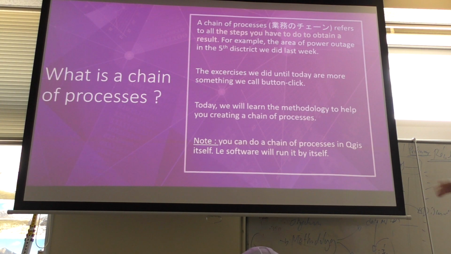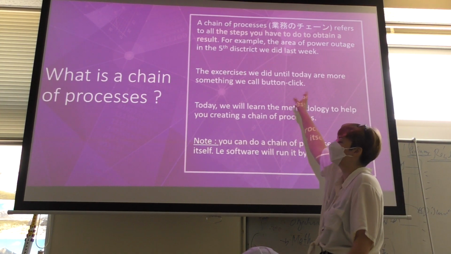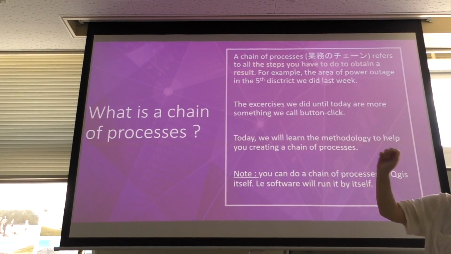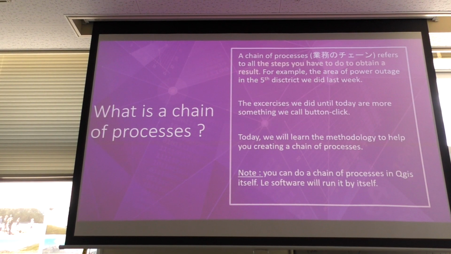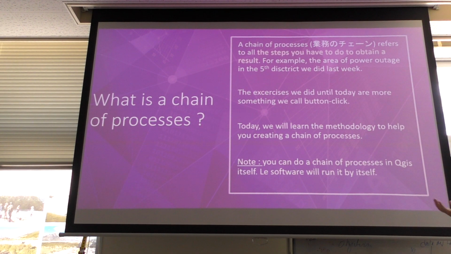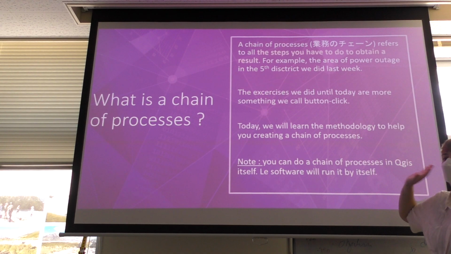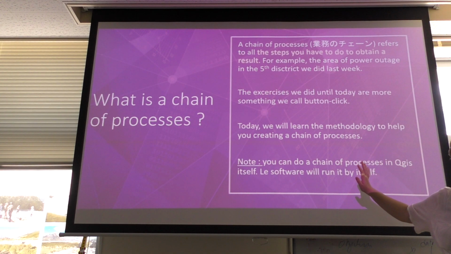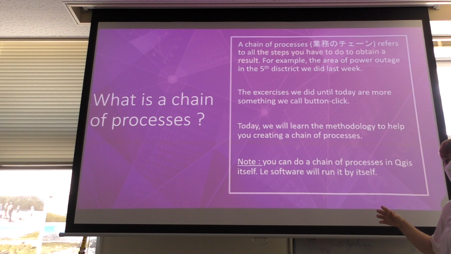Until today, you only had to do what we call in France a button click. You just had to go there and click here and do what I told you to do. But today, I will help you with the methodology to create a chain of processes on your own, okay? And by the way, as I wrote here, you have a tool in QGIS where you can create the chain of processes, okay?